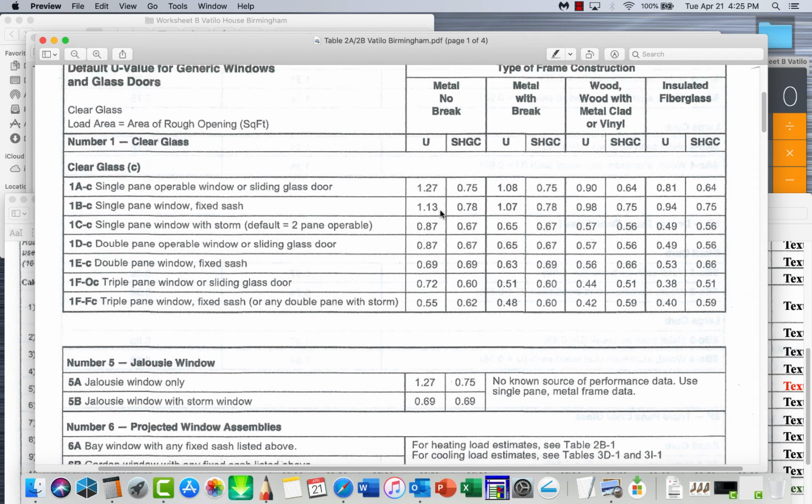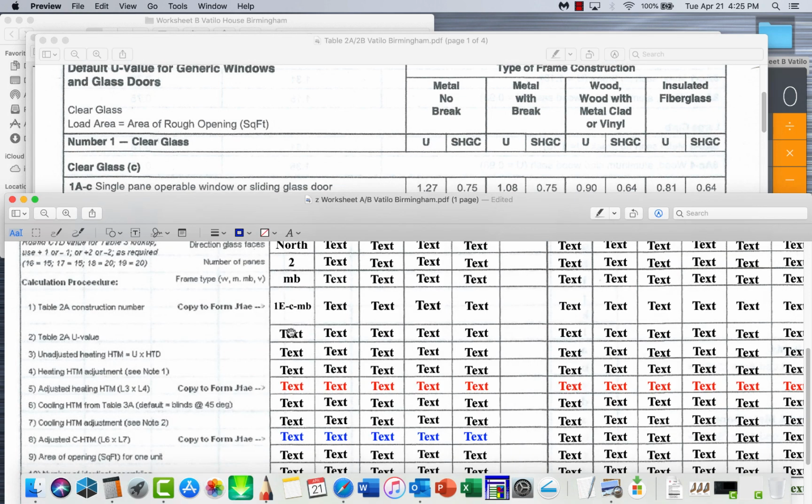So up here at the top, you've got metal no break, metal with a break, wood, clad or metal clad with vinyl, or insulated fiberglass. So we're looking at metal with a break, right? So we just follow over here, and then we go straight down right here, and 0.63 would be that number. 0.63.